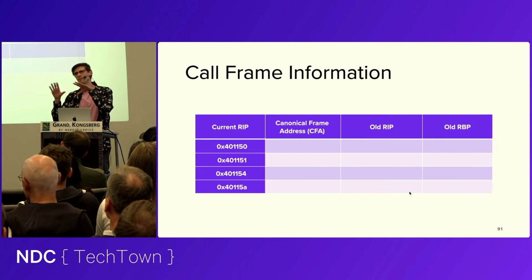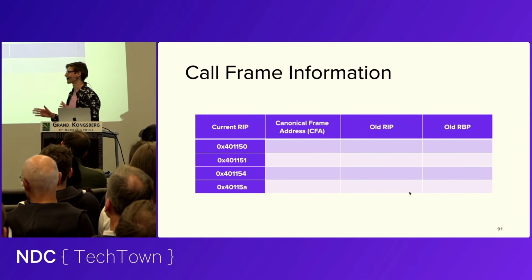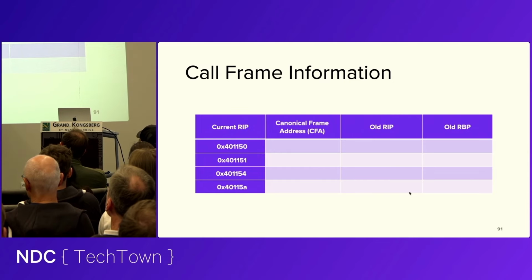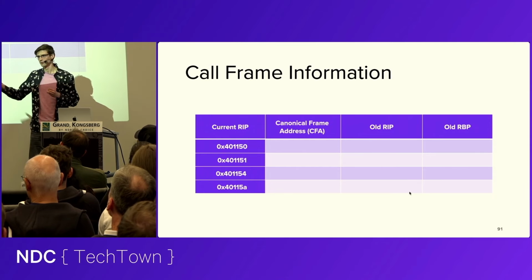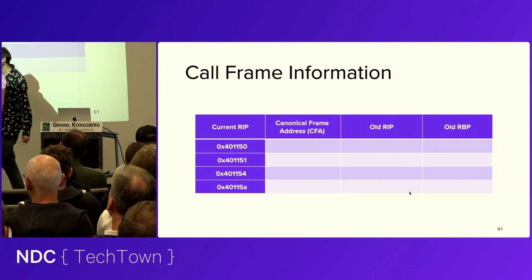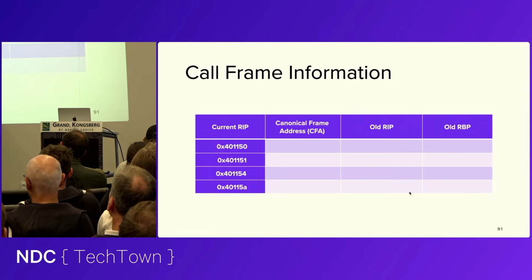But it's basically a table that has entries for, say, our program counter values down here, and it tells you how to restore different registers. This canonical frame address thing is basically just a base address for the rest of the computations. It doesn't really mean anything in itself.